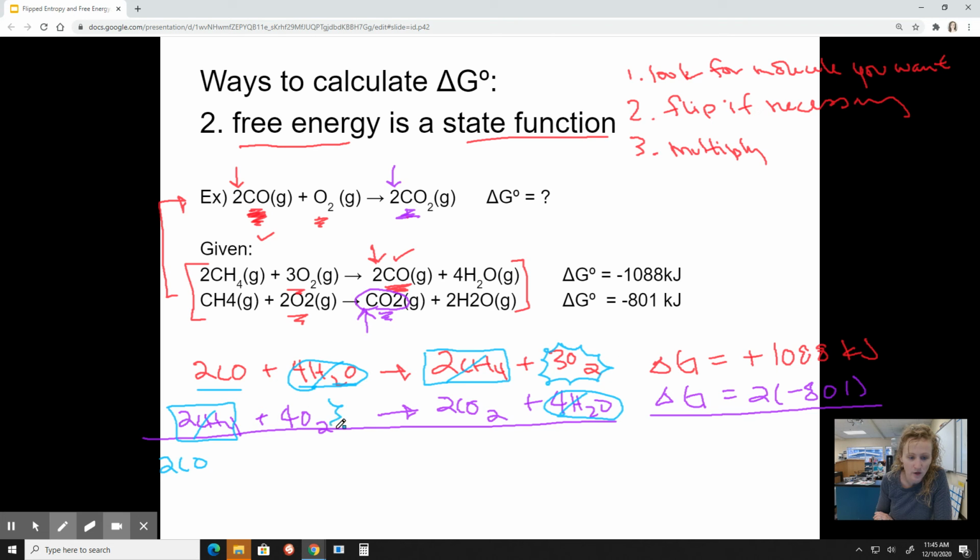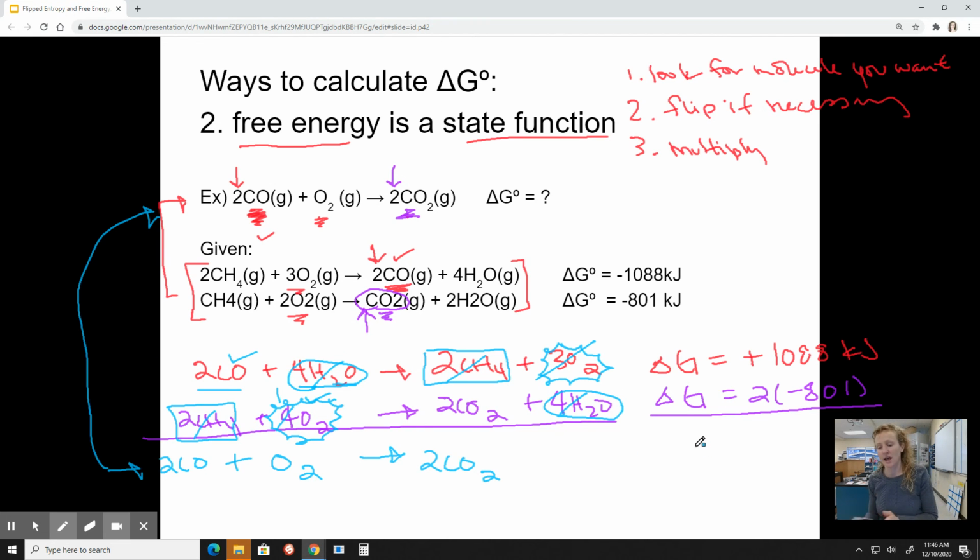I have 4 oxygen here, so that's going to reduce itself out, but leave 1. So plus 1 O2. Now I am left with carbon dioxide here, but that doesn't show up anywhere else. So 2CO2. And I have gotten the reaction that I'm looking for. That's a good sign.